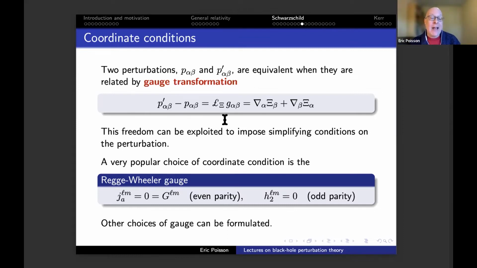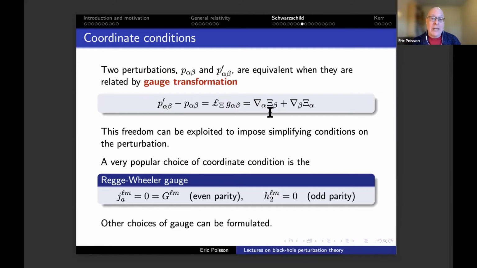And we've talked about the fact that the freedom can be described in terms of Lie derivatives. So the difference between two perturbations, and here I'm talking about two metric perturbations, I can define what I mean by a metric perturbation differently depending on what choice of identification I make. But the difference between the two will always be a Lie derivative of the metric tensor.